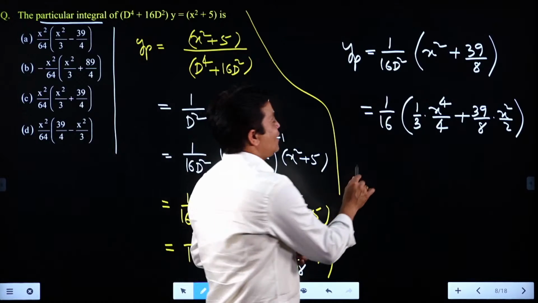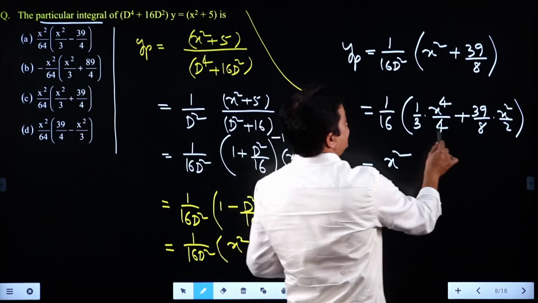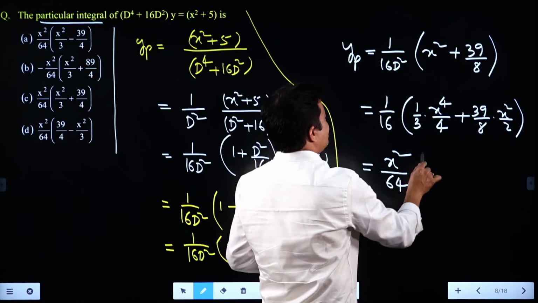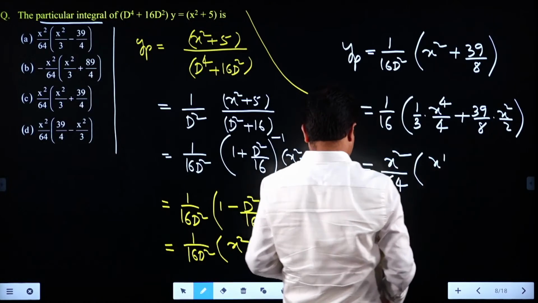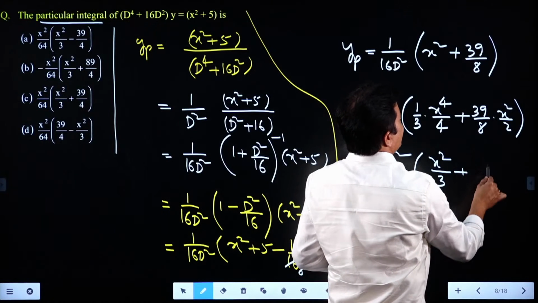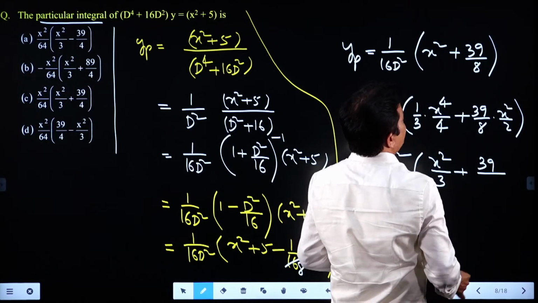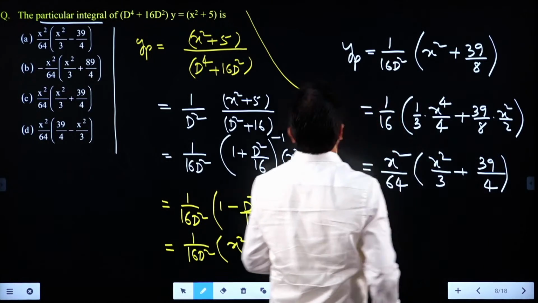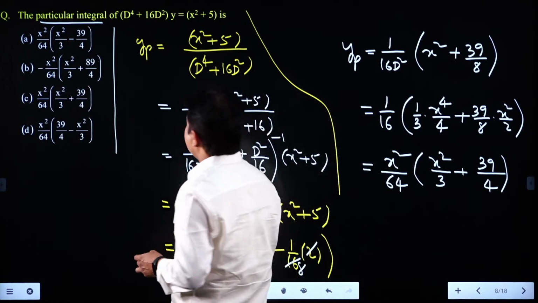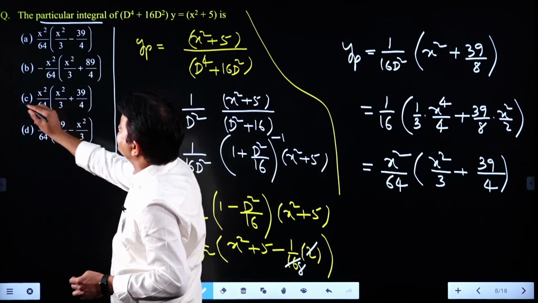Following? Now x power 4, x square common. Here 3 into 4, 8 into 2, 4 common. 16 fours, 64. Then x power 2 by 3. Next 2 fours cancel, 39. Here 2 into 2, 4. So x power 4 by 64 plus x square by 3 plus 39 by 4, option C correct.